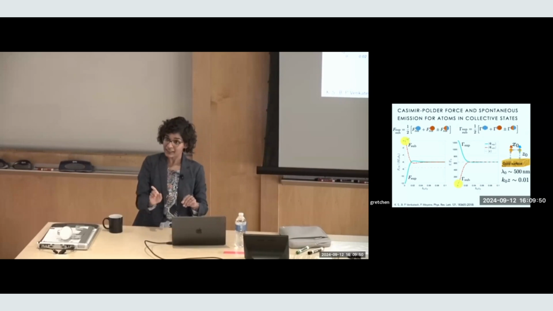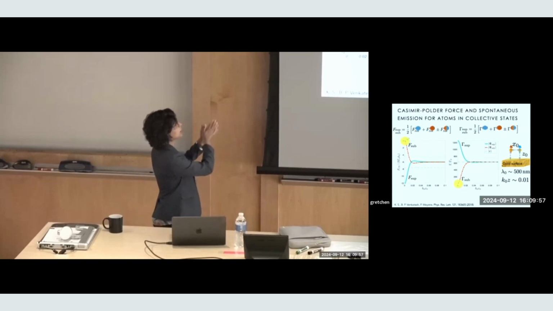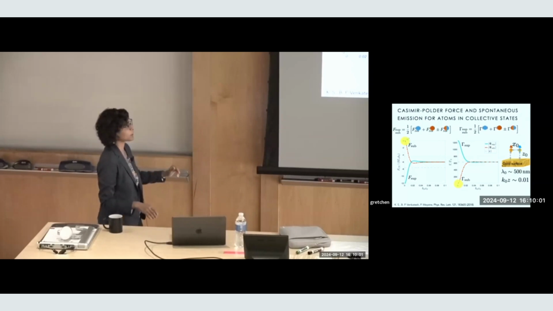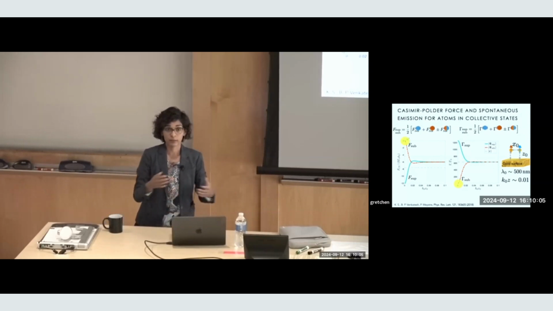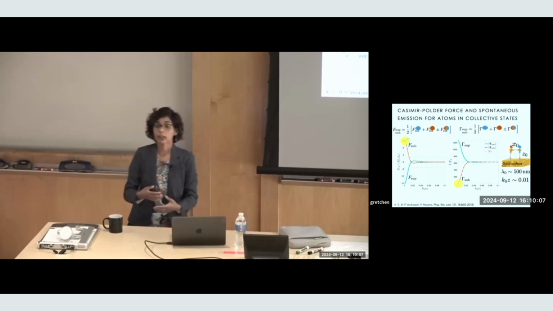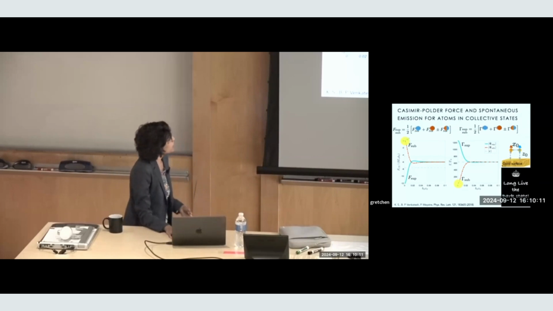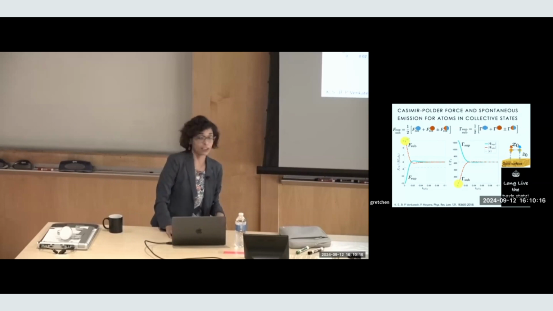On the other hand, if you were in a subradiant state, you can see that you kill the forces. Well, if you are infinitely close, which is not practically possible, then it goes all the way to zero. And at the same time, you have zero spontaneous emission. So your states are long-lived as well, which leads us to investigate these subradiant states further.